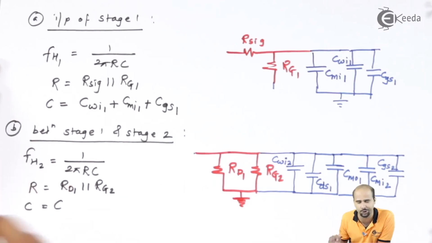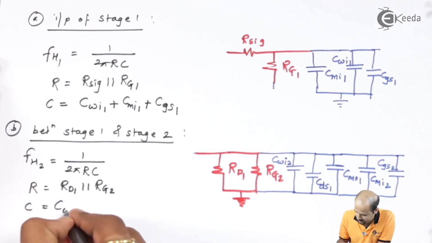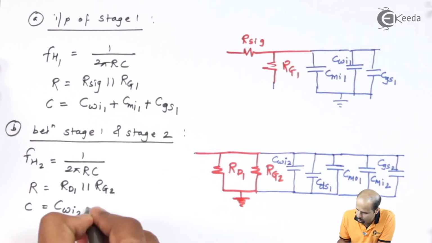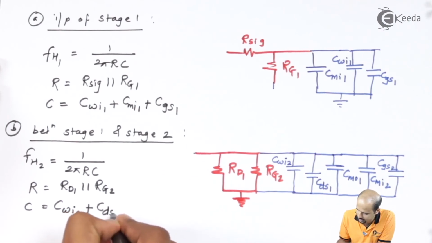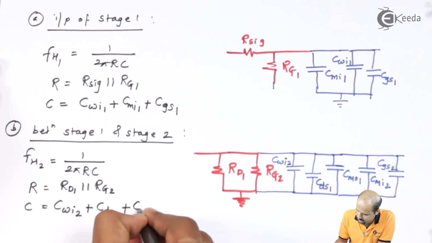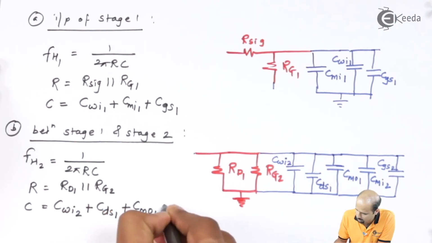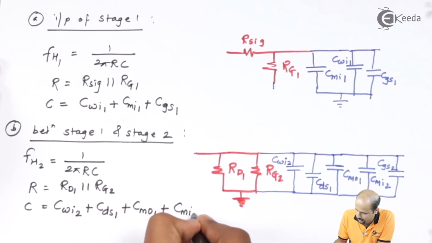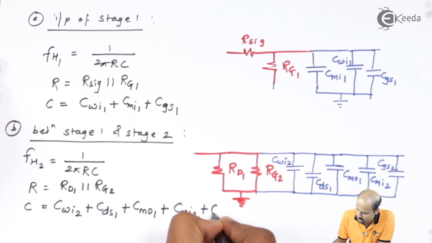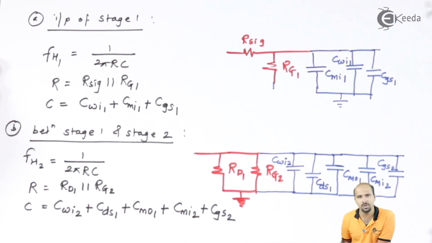So we will say that this is nothing but CWI2 plus CDS1 plus CMO1 plus CMI2 plus CGS2, right?